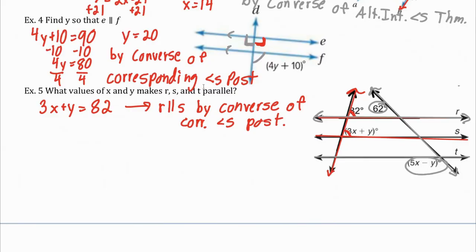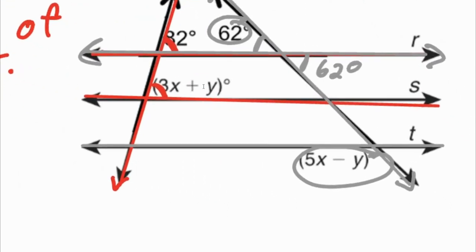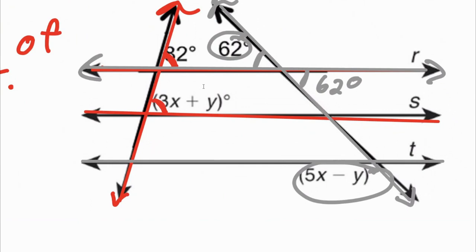Now the problem is right now, they are on the same side of the transversal, but they are both in the exterior of these two lines, which we don't really have a theorem for same side exterior angles. However, these are vertical angles. So if this angle is 62, this angle would also have to be 62. And if this angle is 5x minus y, then this angle also has to be 5x minus y.